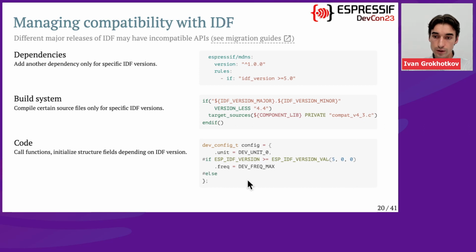And in source code, I can use ESP_IDF_VERSION or ESP_IDF_VERSION_VAL macros to guard some pieces of code, for example, if there is a structure member that was added in a subsequent release. So using these tools, you can make your component compatible with more versions of ESP-IDF, and therefore it will be easier to combine it with other components.